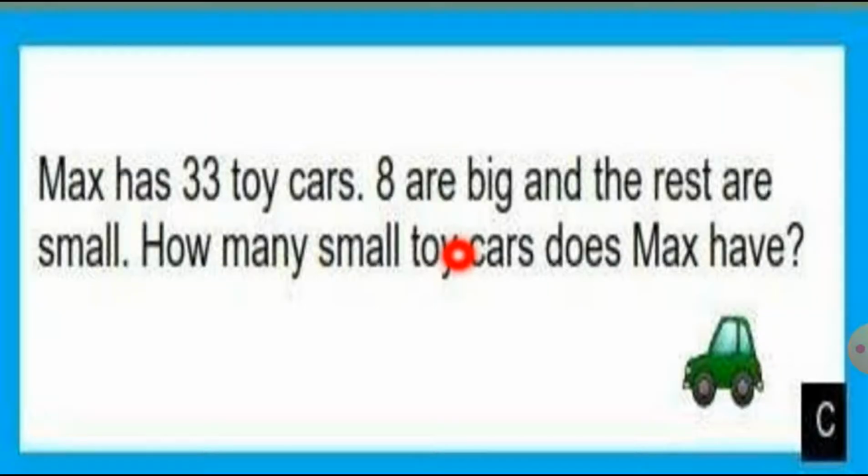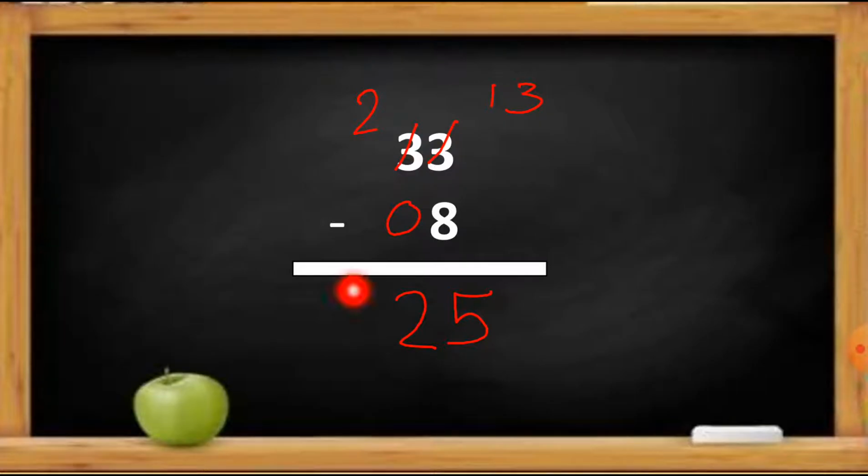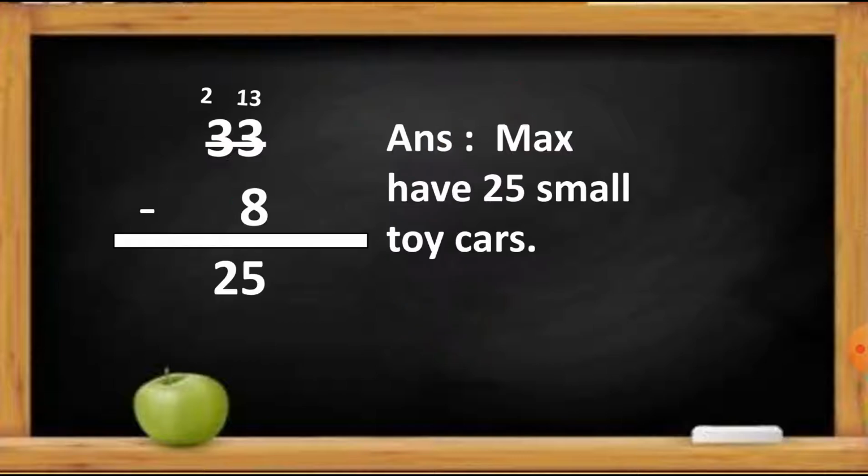So what is the question now? How many small toy cars does Max have? So here Max has 25 small cars. So how do we write this answer? Here is the answer this way, 33 minus 8. We are borrowing 10 from the tens column.